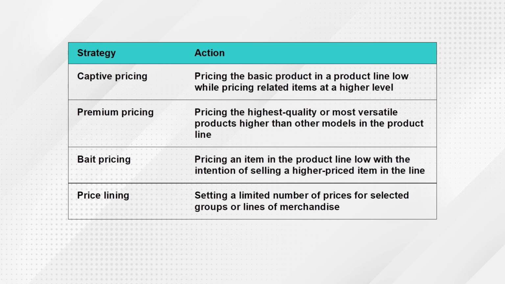So basically, companies use different pricing strategies for different target markets. And sometimes they set a limited number of prices for selected groups of products, because in that case, you can be more successful.